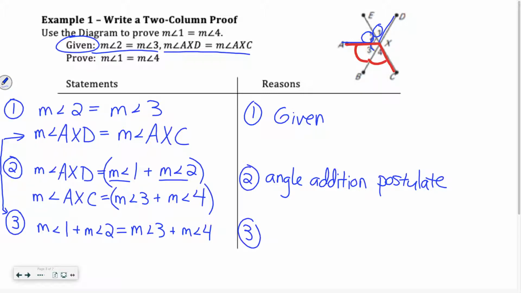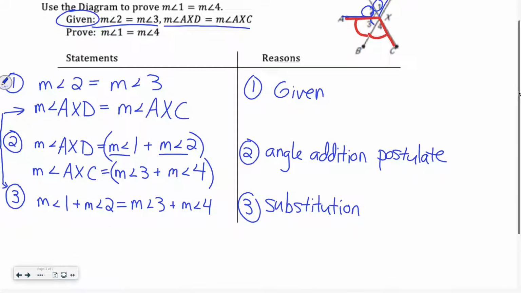And like we talked about on Tuesday, when a teacher is gone, who replaces them? A substitute. So if you know that AXD equals angle 1 plus angle 2, and you replace that, this is called substitution. Because you are replacing it with something it's equal to, we substitute it.